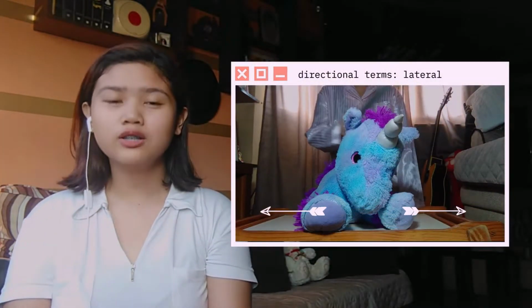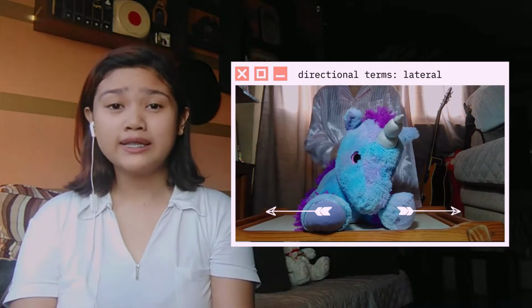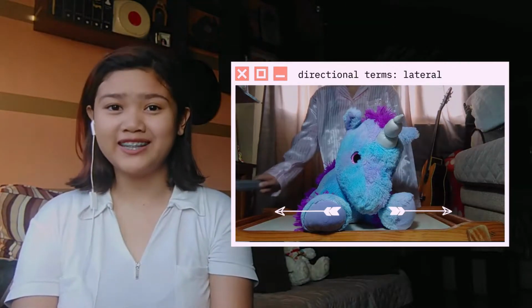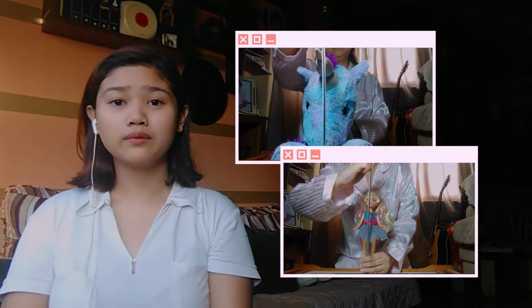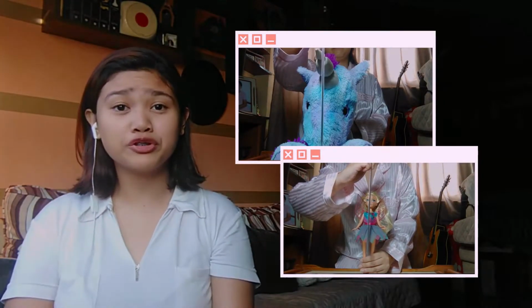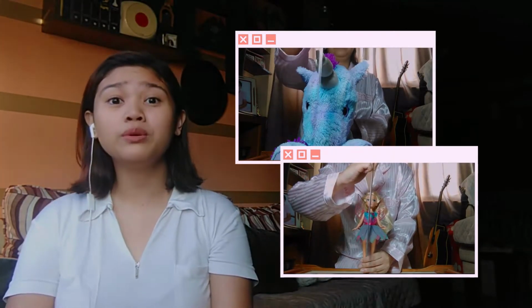Lateral. Lateral is a directional term which refers to the left or right side of an animal or human body. Median. Median is a directional term which refers to the midline or the middle of an animal or human body.